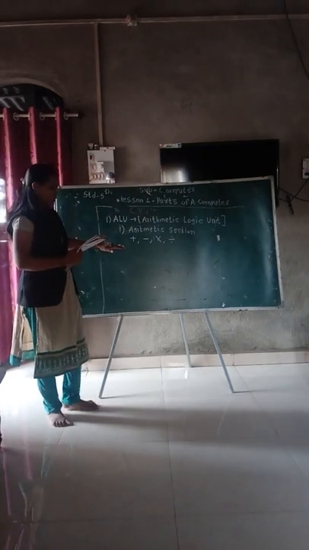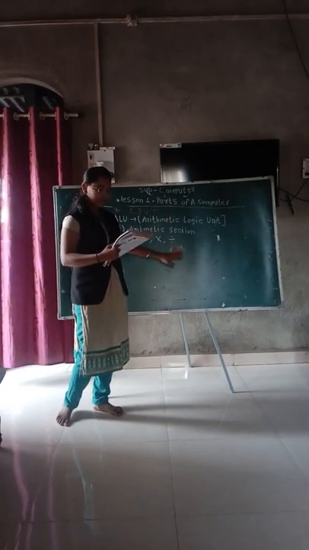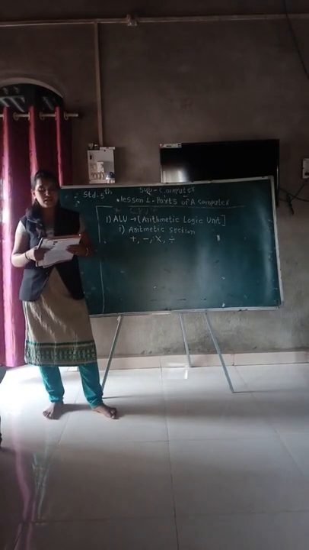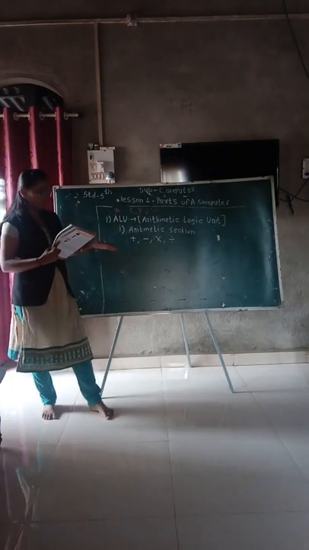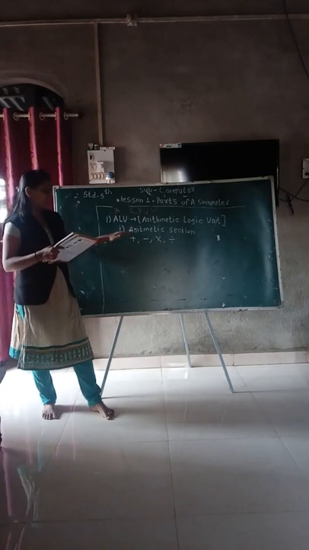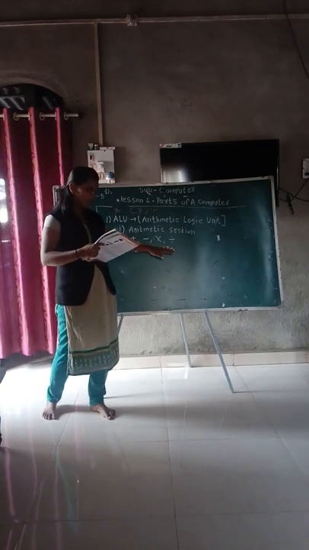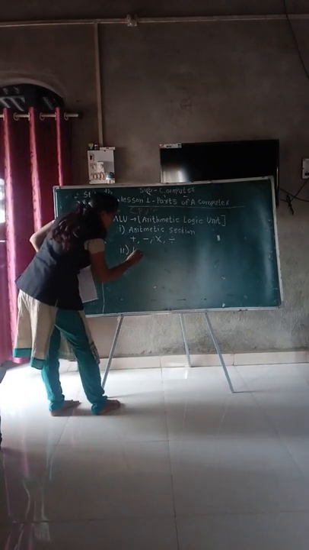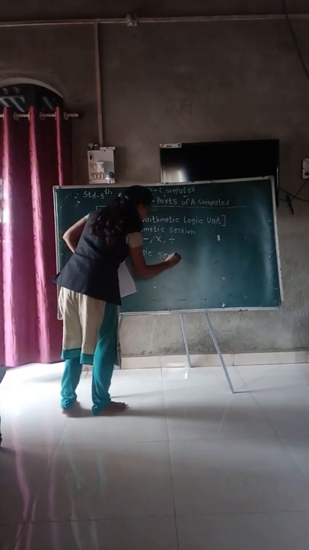All complex operations are done by making repeated use of the above operations. It means the arithmetic section consists of arithmetic operations like addition, subtraction, multiplication and division. And the second section is the logic section.